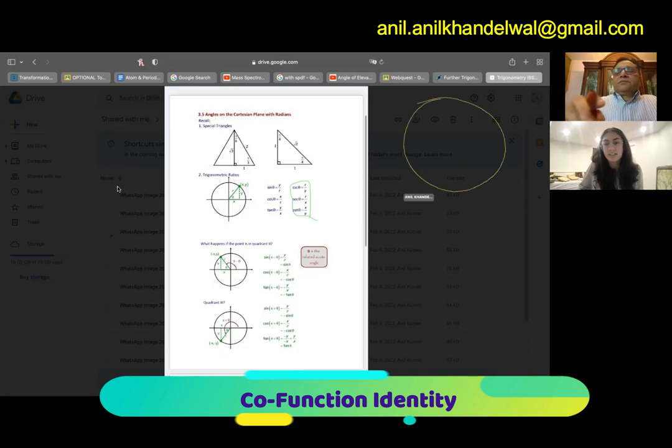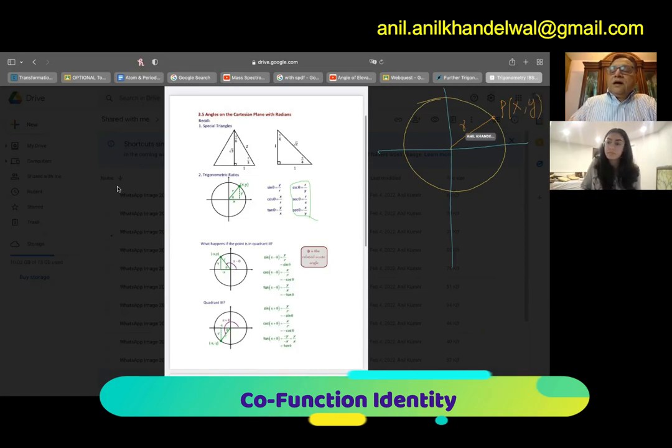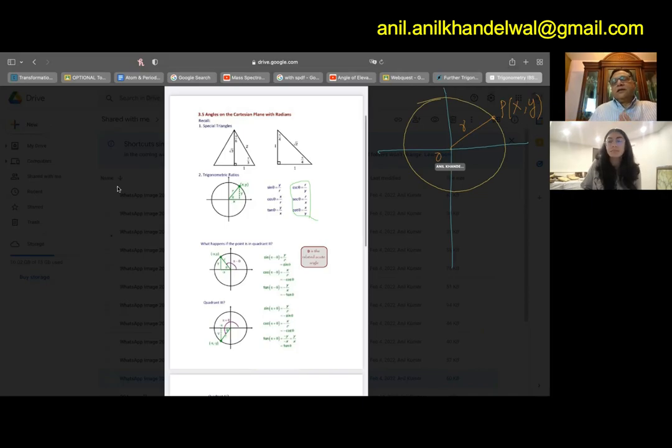So here is my beautiful circle, and now let's work with this. Let's take any point on the circumference, and let's call this point P, with X coordinate and Y coordinate in general. Let R be the radius of this circle. Is that clear to you?